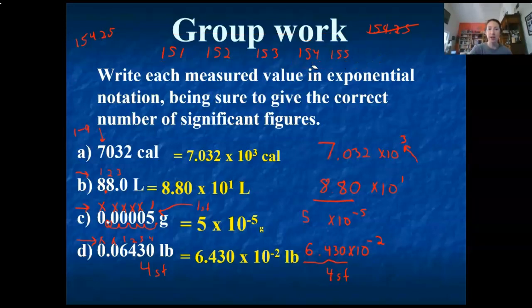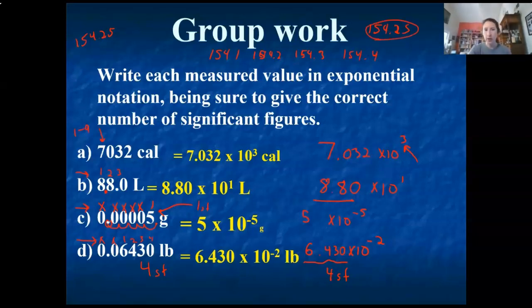Now, the same thing, if you had a scale that had better precision, and it could say 154.1, 154.2, 154.3, 154.4, and again, we're going to say this is your actual weight.